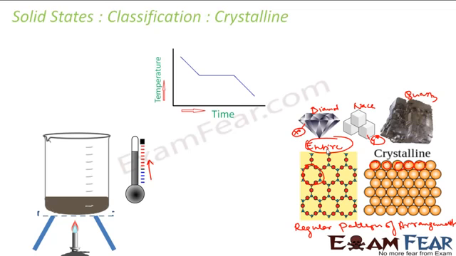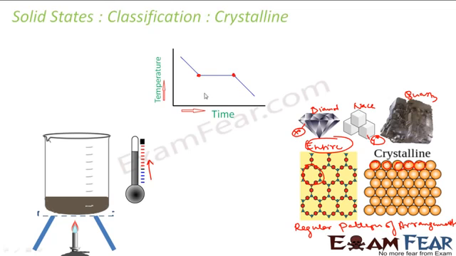Also, their cooling curve is a little different. If you keep this hot liquid and just remove the burner, it will start to cool. As time passes, if you draw the time and temperature graph, you will see that the temperature comes down over a period of time, then it remains constant for some time, and again it goes down.